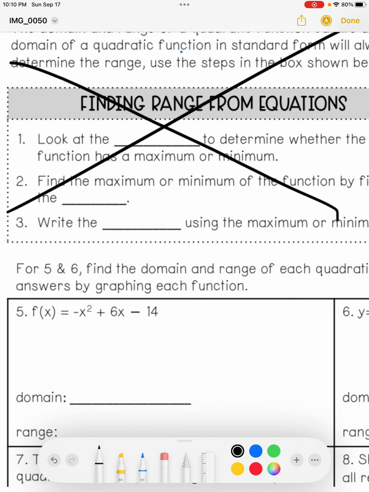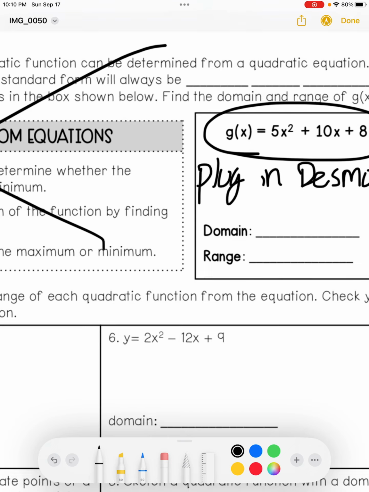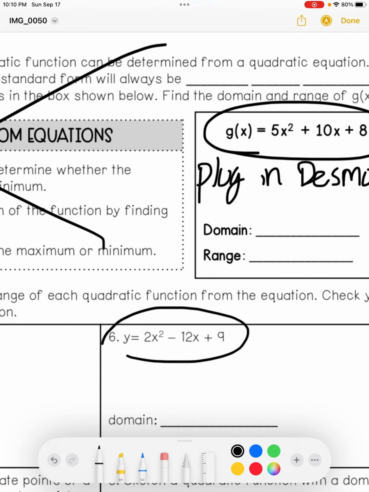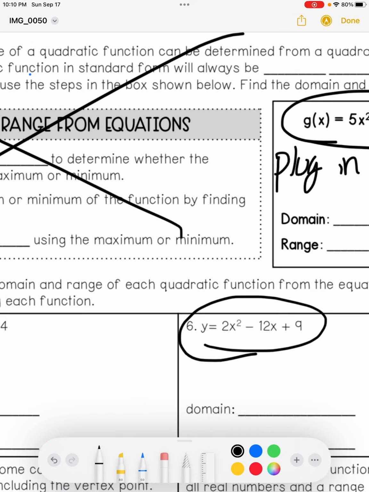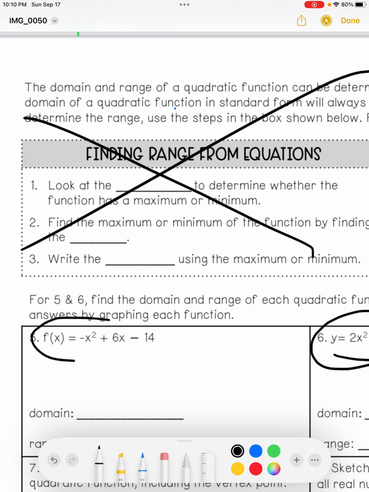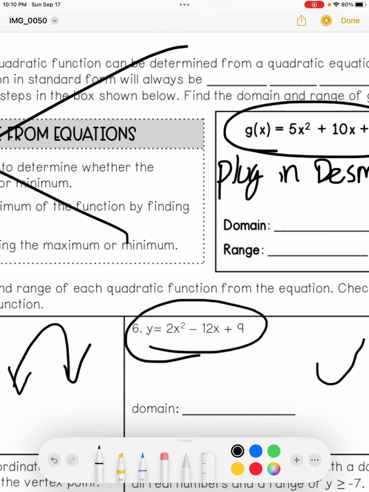If they would have said y equals, like they did here, then I would have typed y equals all of that, and it should work. If they use f of x equals, I will just put f of x equals all that, and it will work. Okay? And it will give you a shape that either is an upside down U, or it will give you a shape that goes like this.